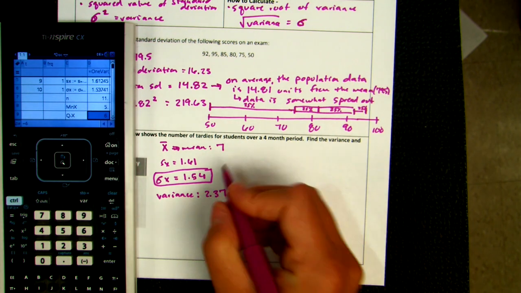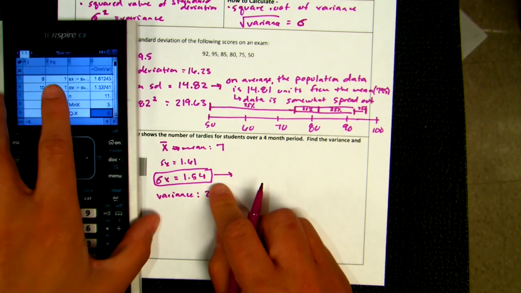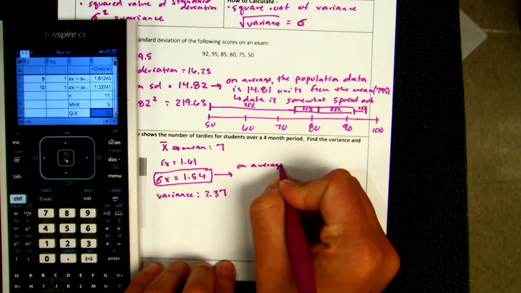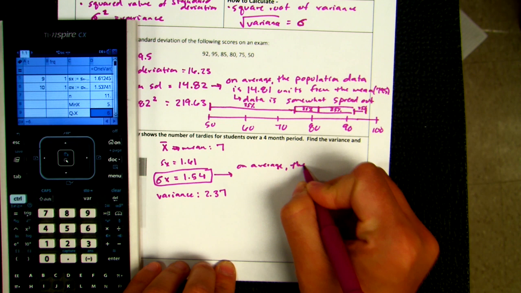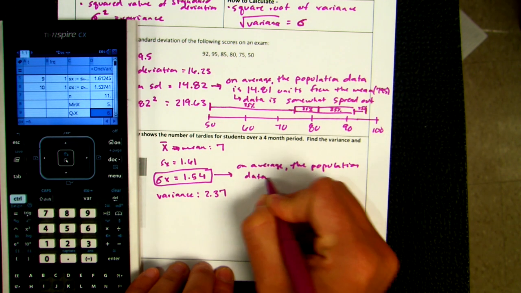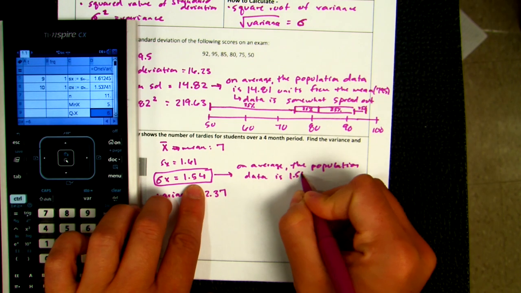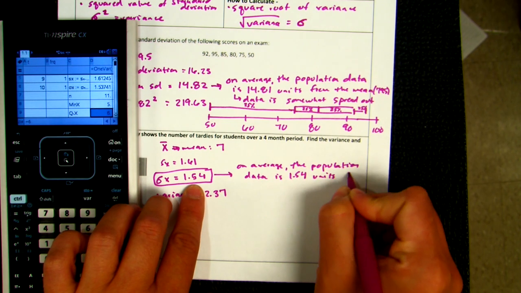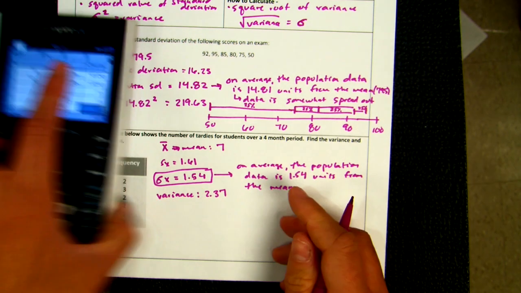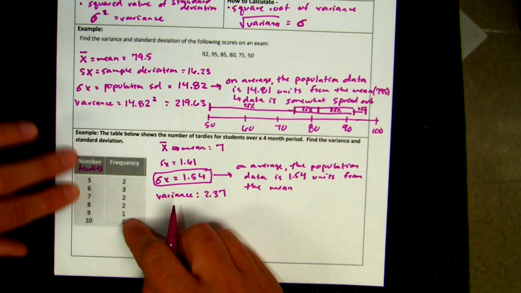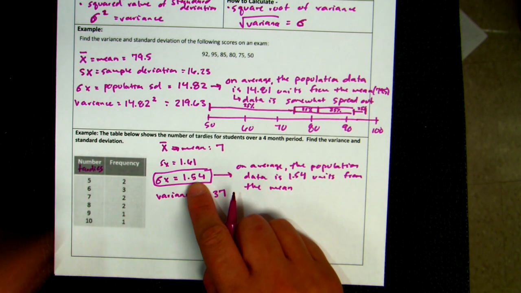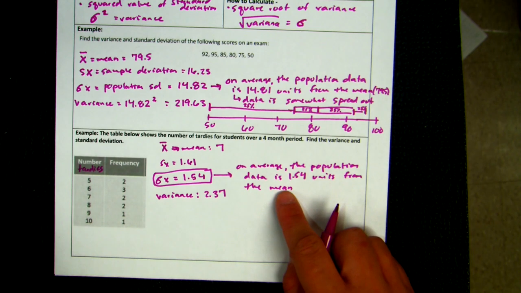Okay, and what this is telling me is that on average, the population data is 1.54 units from the mean. So if I pulled any random pieces of data, on average, it would be about 1.5 units away from the mean.